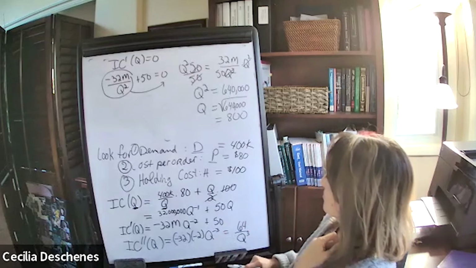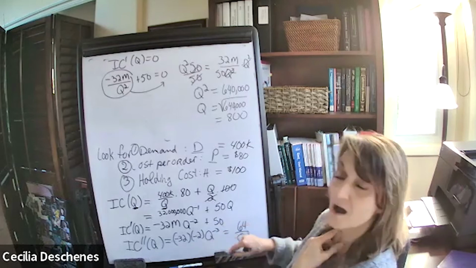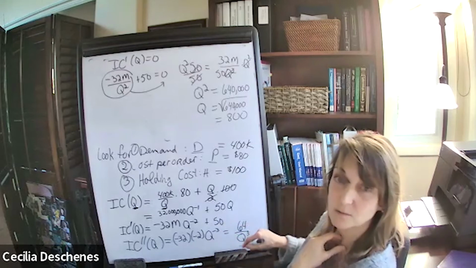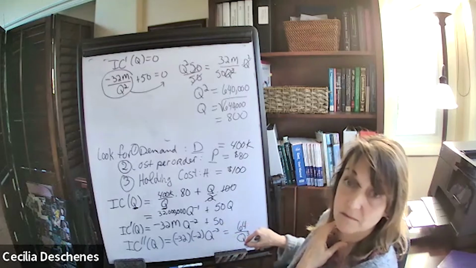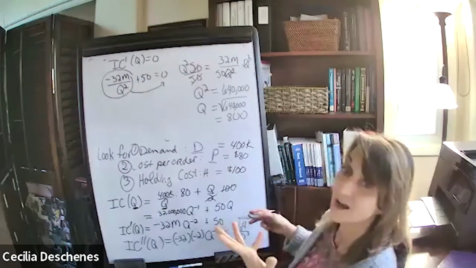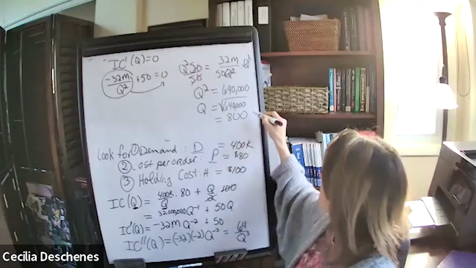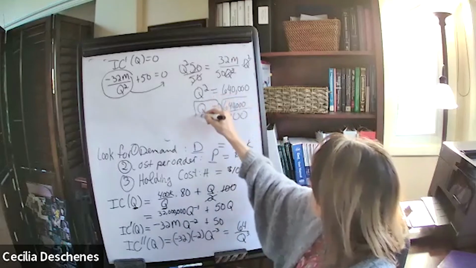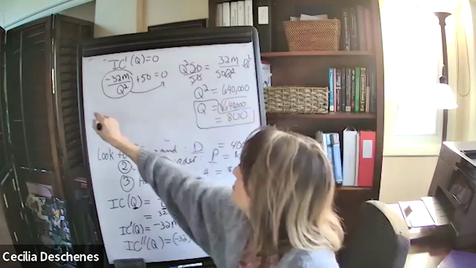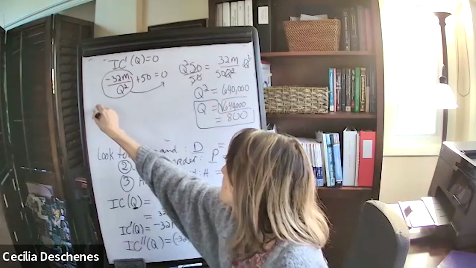That's our second derivative. So that means I now have a tool that will tell me if any critical value is a minimum or a maximum, or neither. So I'm going to plug this Q of 800 into that. So let's go do the second derivative test.